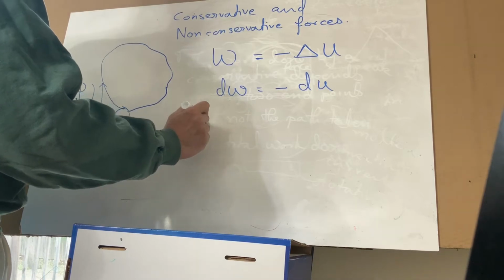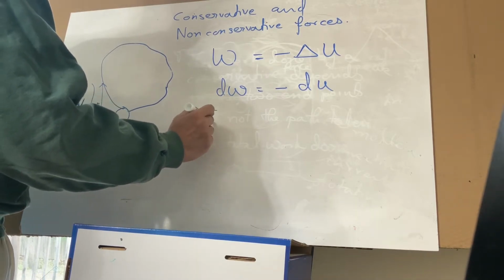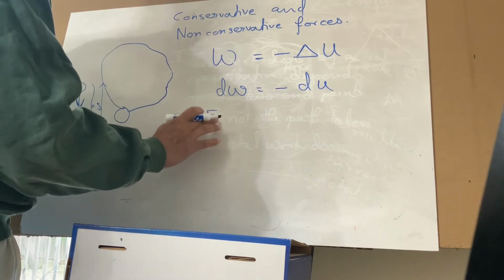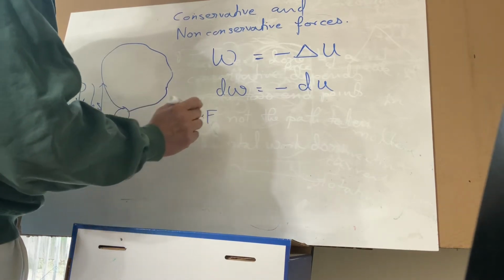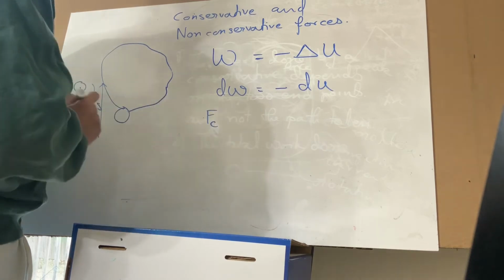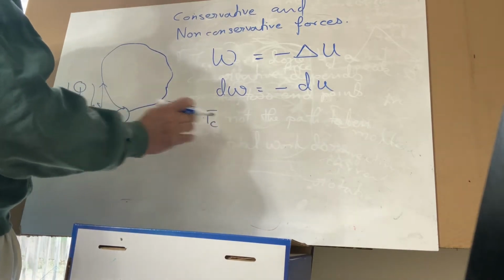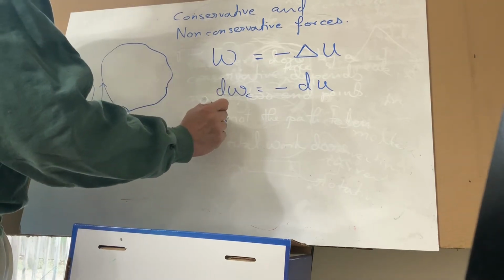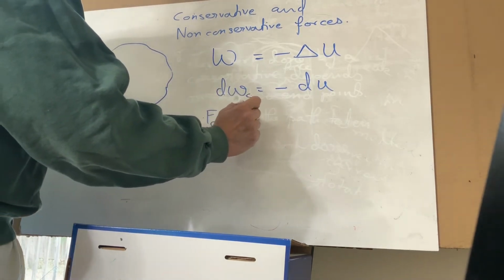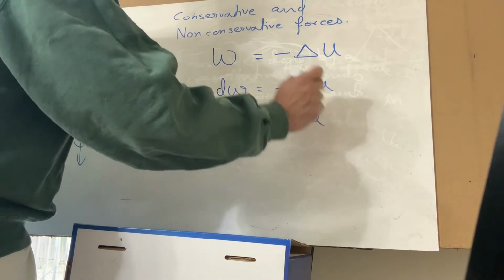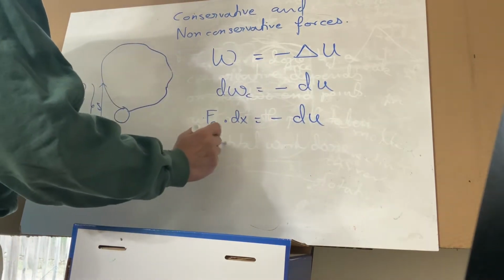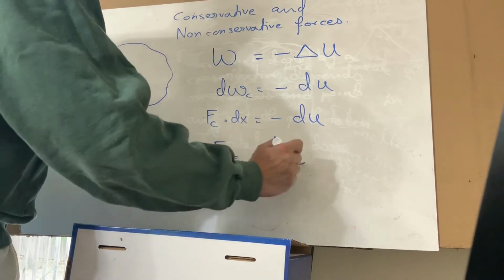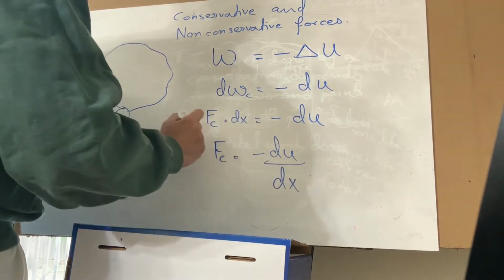The small work done can be written as the force, which is the force of gravity or spring, any conservative force, times dx, equal to minus dU. So a conservative force is equal to minus dU divided by dx.